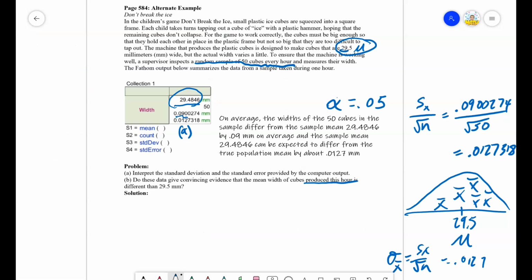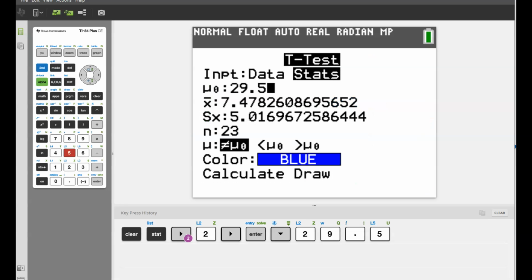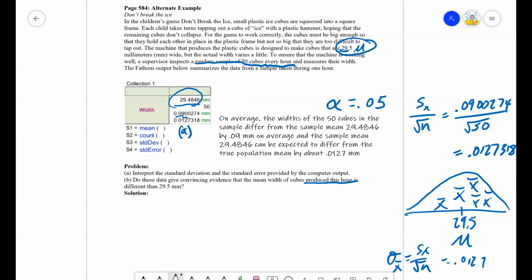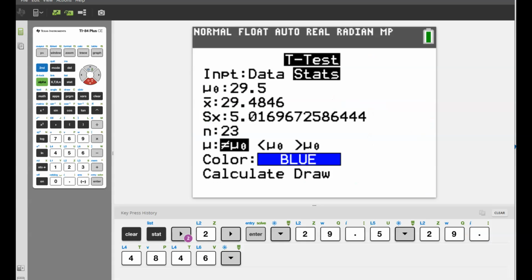The sample mean is 29.4846. Okay, that was their sample mean. And be careful you put the right number here for your sample standard deviation. It's the 0.09. 0.09000274 if we want to be really precise.